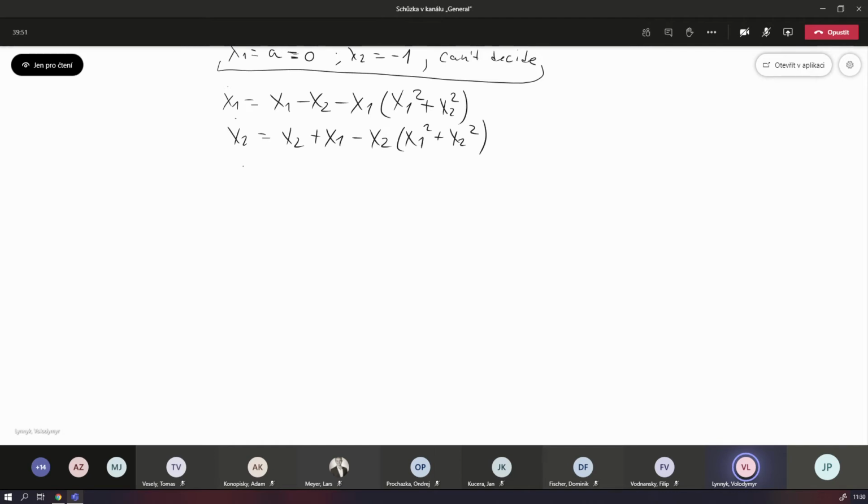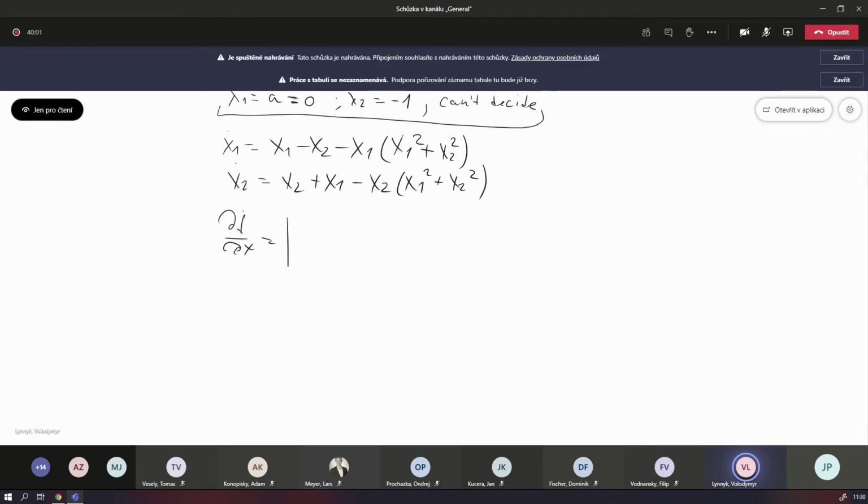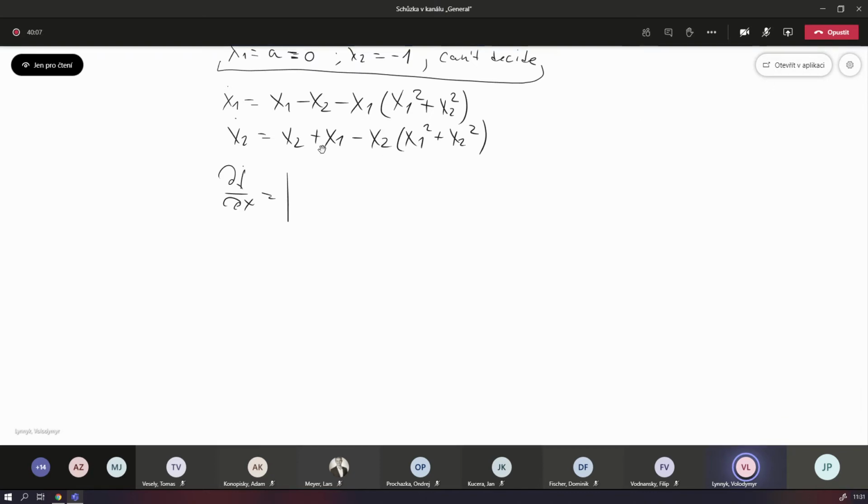Okay, I try to calculate. Is dx equal to x1, 1 minus 1, 1 and 1, yeah, because it's in 0, 0.